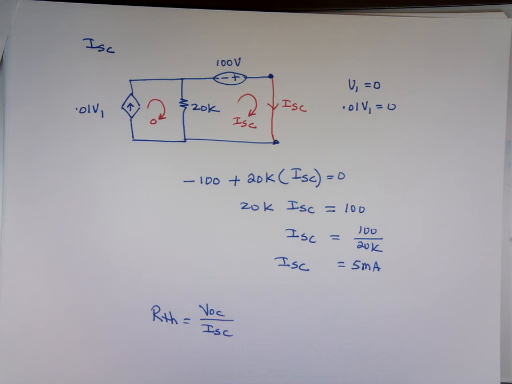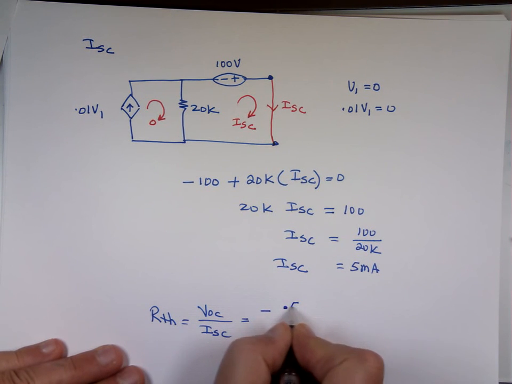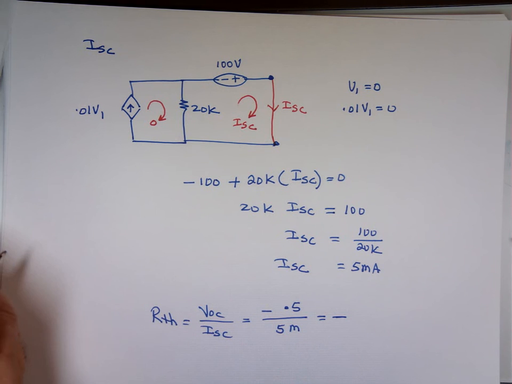My V open circuit is negative 0.5. What's my I short circuit? 5 milli. So what's that number? It's going to be a negative. We didn't discuss what negative resistor means. You won't hear that for a while. What's 0.5 divided by 5?